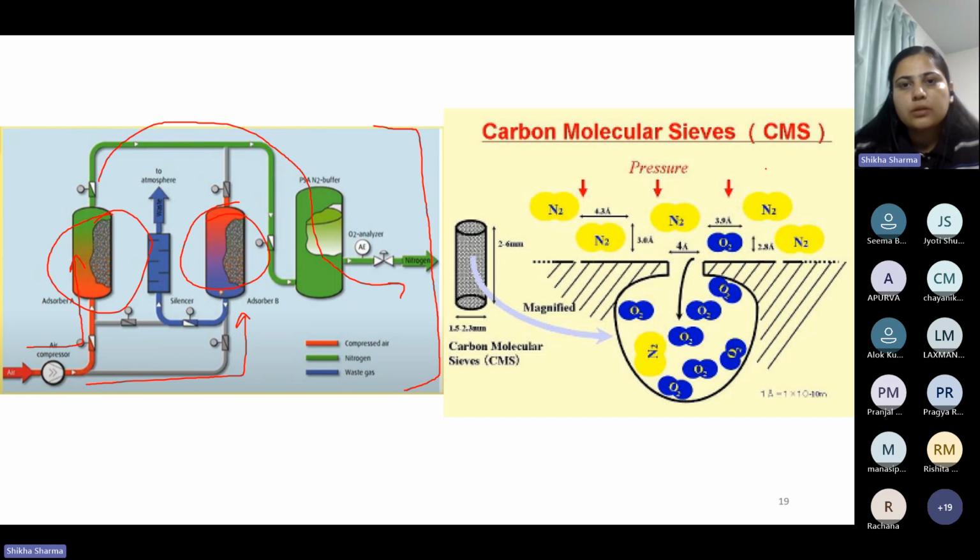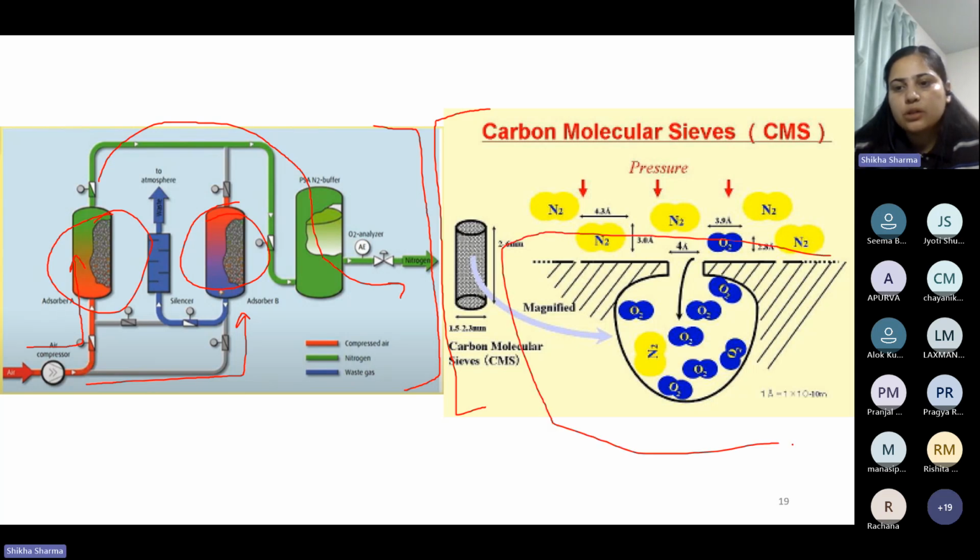So on the right side there is a diagram of the CMS, a magnified structure. In the carbon molecular sieve there are different pores, like the mesopores and the micropores, which have different dimensions.